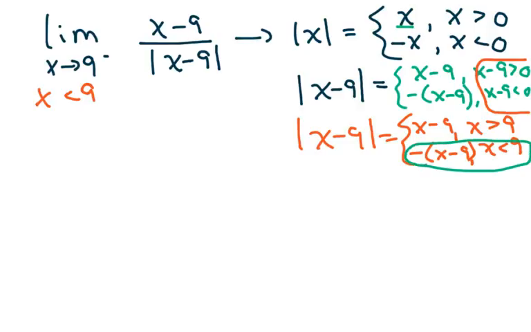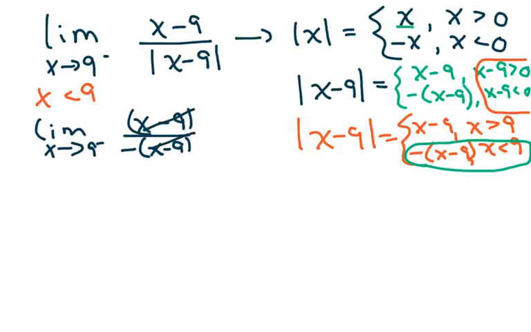So I'm going to rewrite the limit as the limit as x approaches 9 from the left of x minus 9 over negative x minus 9. Now, these two cancel here, and you're left with negative 1.